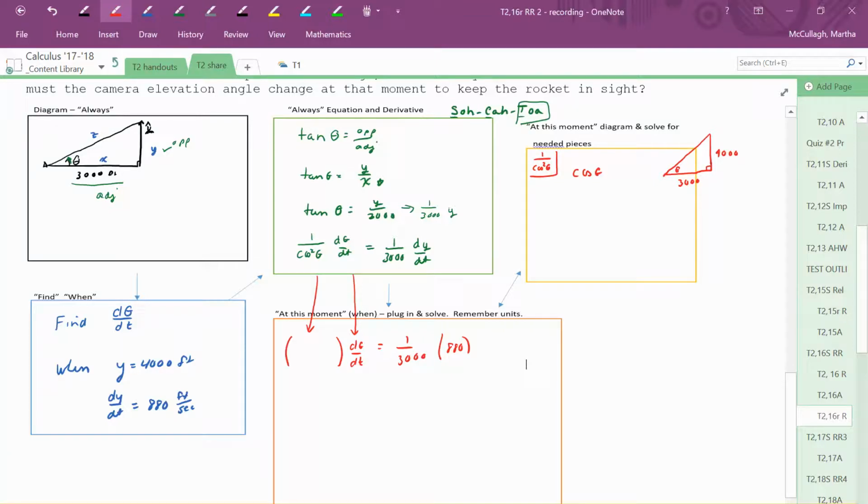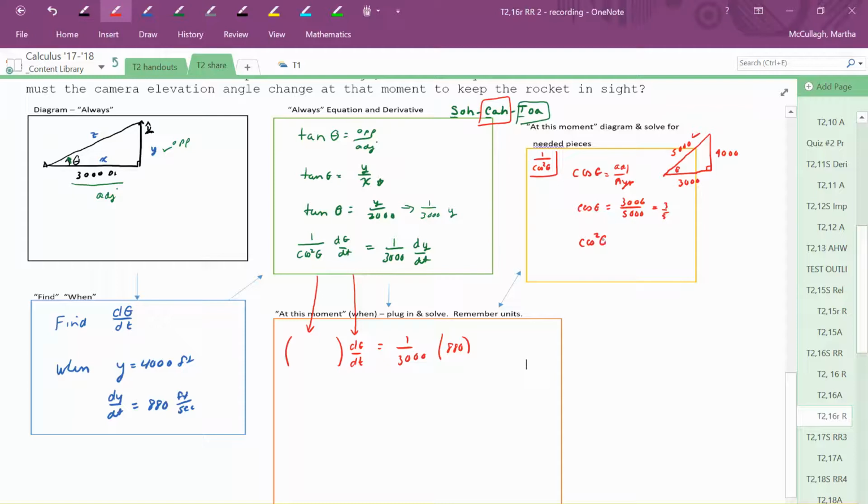So either by Pythagorean theorem or recognizing that we have a 3, 4, 5 right triangle, we see that that must be 5,000 feet. And cosine is the adjacent over the hypotenuse. So if I need the adjacent over the hypotenuse, that's why I found the hypotenuse, my cosine of theta must be 3,000 over 5,000, which I can reduce to 3 over 5.